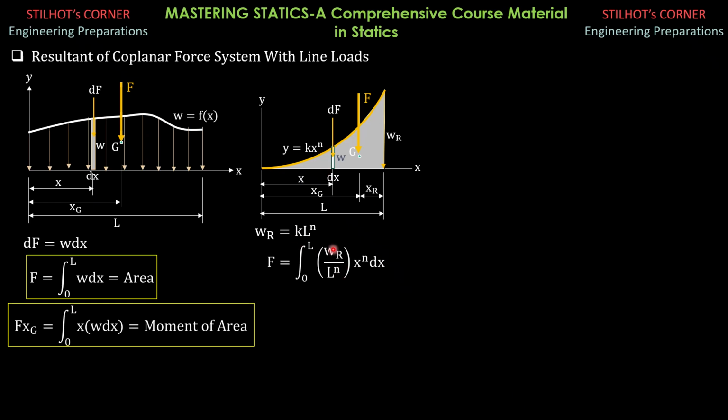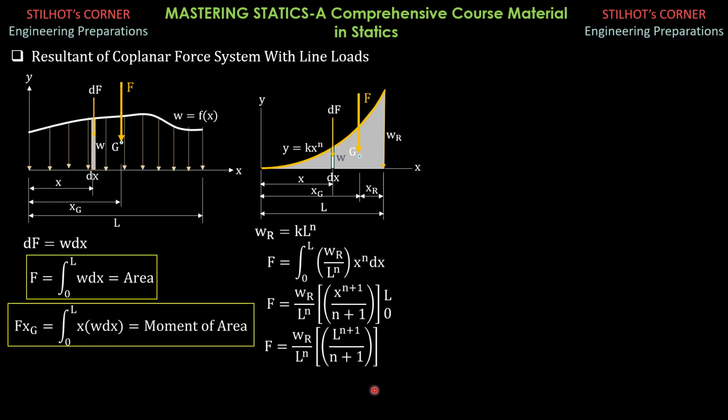Of course, this is constant, so we put the constant before we integrate it. So we have WR over L to the n, then integral of x to the n dx is x to the n plus 1 over n plus 1 from 0 to L. Simplifying, that's WR over L to the n times quantity L to the n plus 1 over n plus 1, because the lower limit is 0.